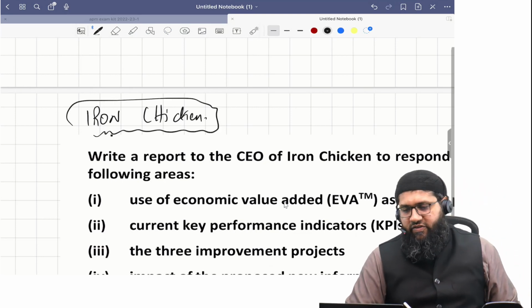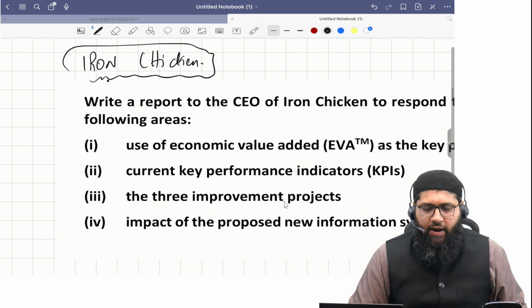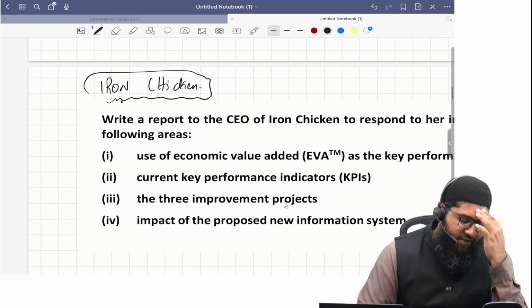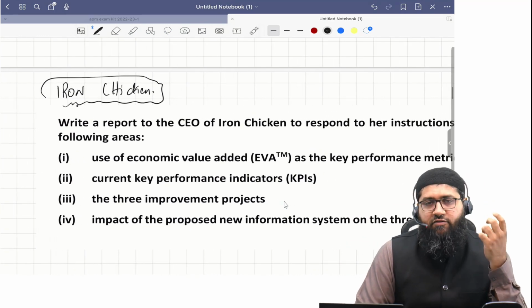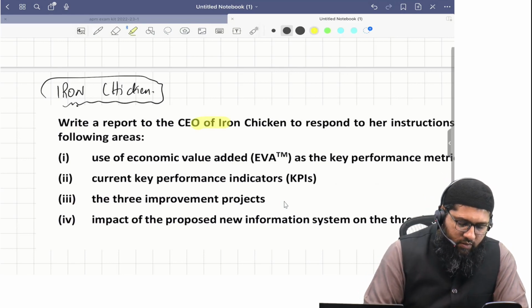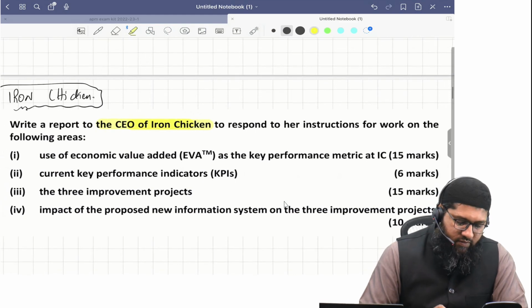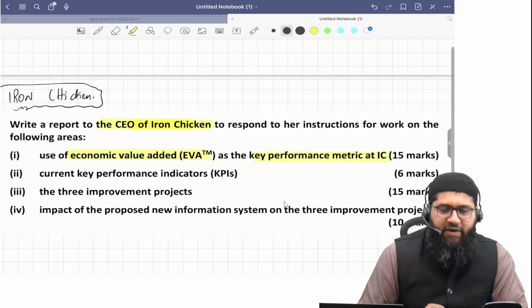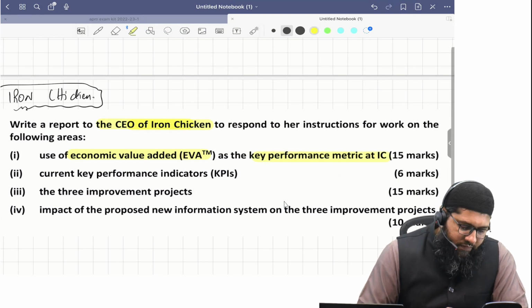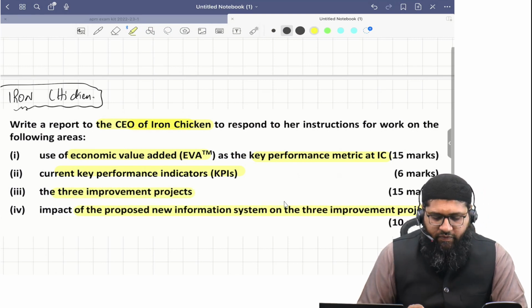Let's go through the question's requirement and discuss how we would be asked this question in the examination. The question says, write a report to the Chief Executive Officer of Iron Chicken Company to respond to her instructions for work on the following areas: use economic value added as the key performance metric at Iron Chicken, the current KPIs, the 3 improvement projects, and the impact of the new proposed information system on the improvement projects.